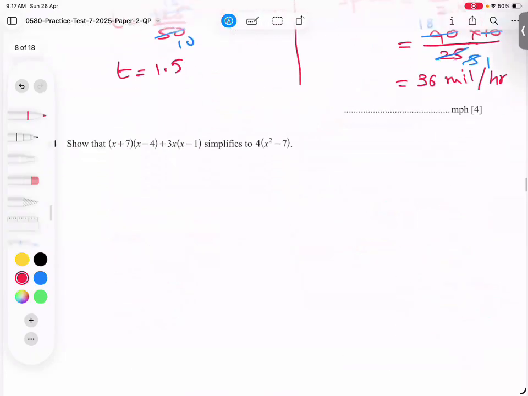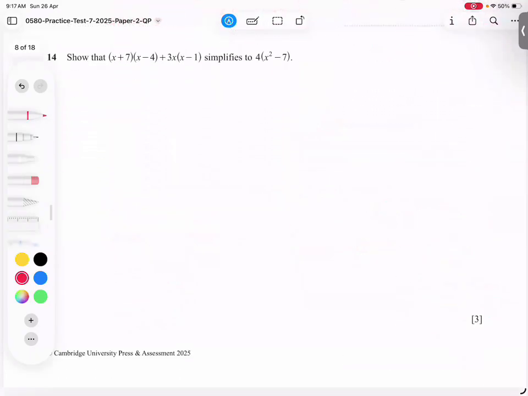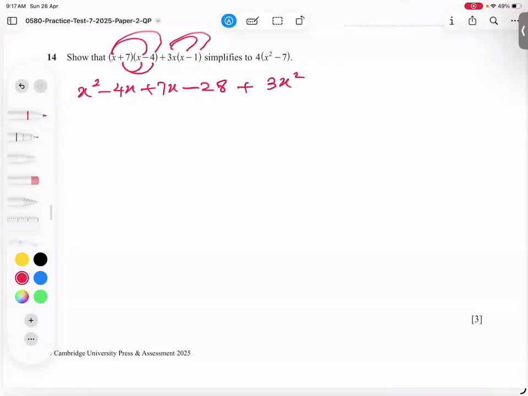And one question below, we have number 14. So we have to simplify in this form. x times x, x squared. x times 4, negative 4x. 7 times x, 7x. 7 times 4, 28. In the same way, 3 times x, 3x squared. And 3 into this one, we got negative 3x.